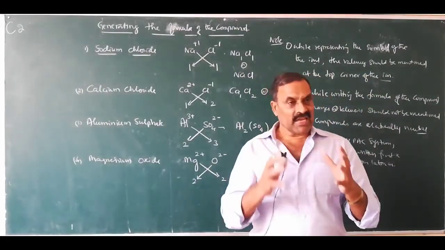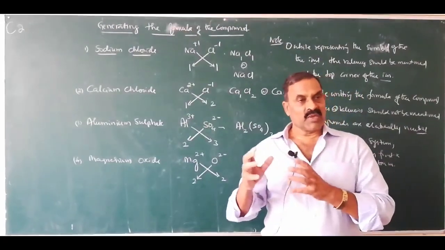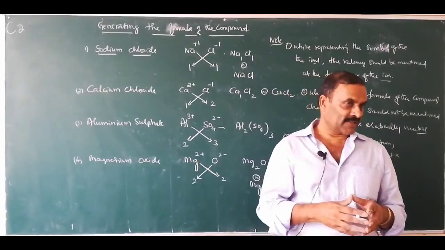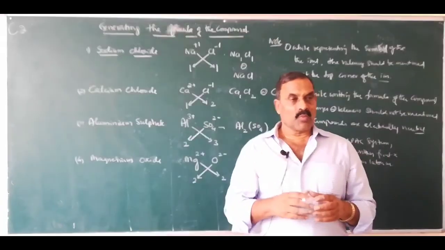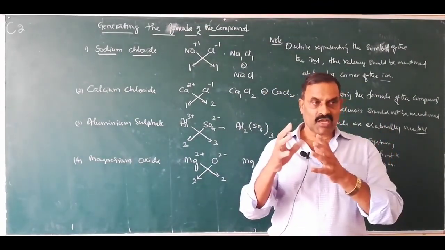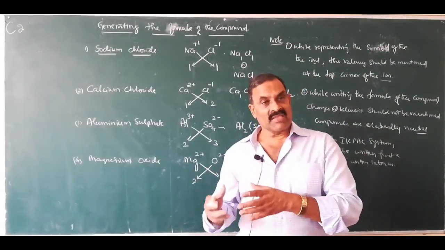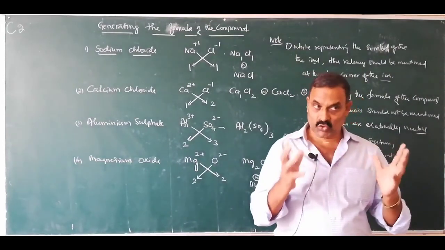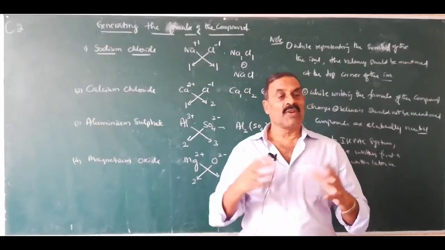Cations should be written first and anions afterwards, or to the right side. While writing the formula of the compounds, the valency of the cation should be written on the lower side of the anion, and the valency of the anion on the lower side of the cation, so that the number of positive charges becomes equal to the number of negative charges.